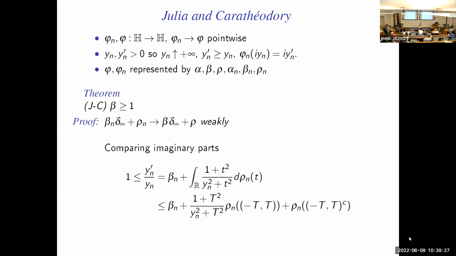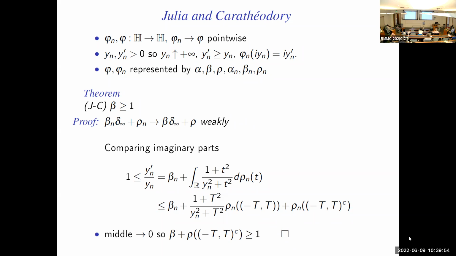T squared over yn squared plus t squared tends to 0 as n goes to infinity in every finite interval, and even uniformly on a finite interval. And outside, it's less than or equal to 1. So what conclusion do we draw from here? We draw the conclusion that beta plus rho of the complement of the interval from minus t to t has to be bigger than or equal to 1 because the middle term goes to 0.